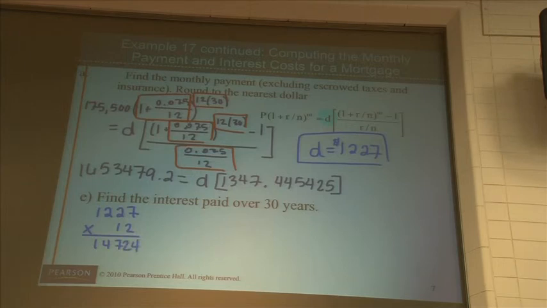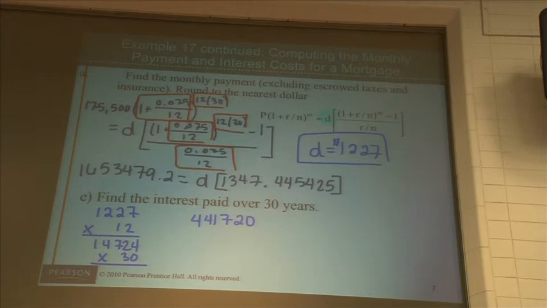But we're paying this for how many years? Times 30. So you are paying $441,720 is how much you're actually paying for your house.